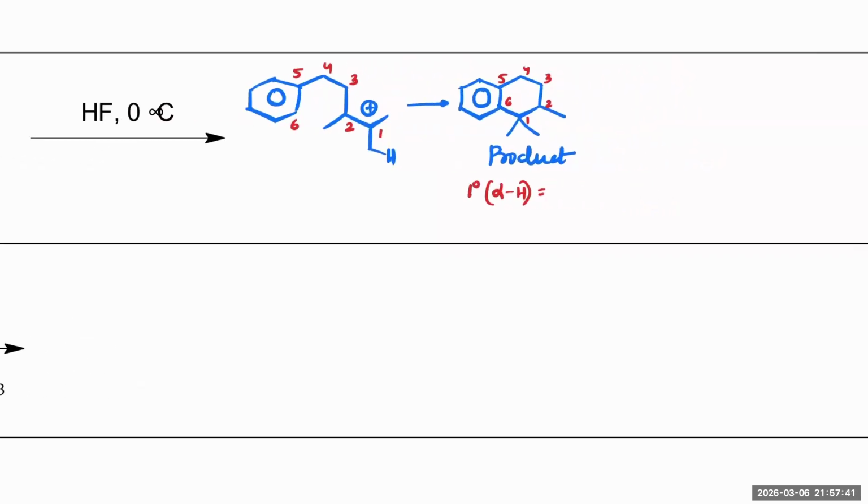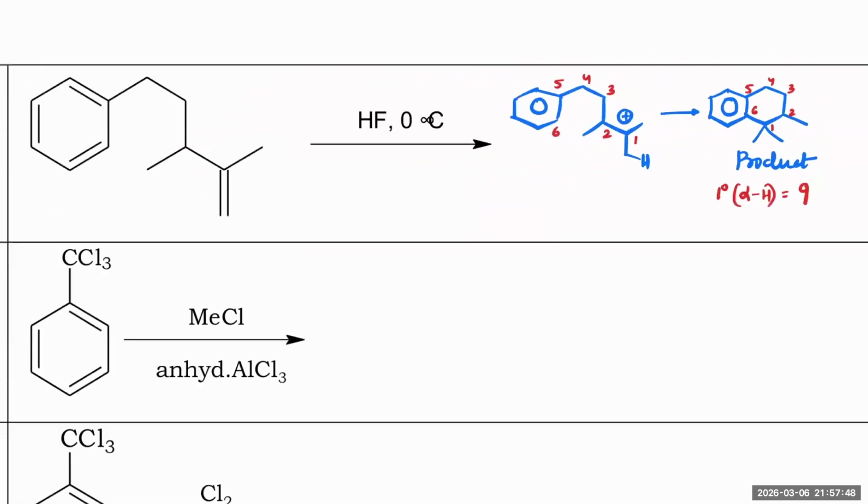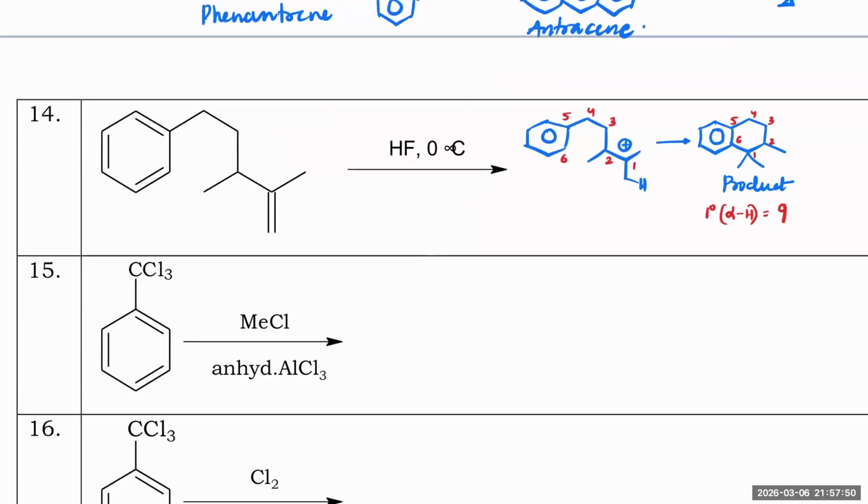So the number of 1 degree alpha hydrogens include 1, 2, 3. 3 carbons we have, so total 9 alpha hydrogens we have. This is the kind of question JEE has asked. Okay.